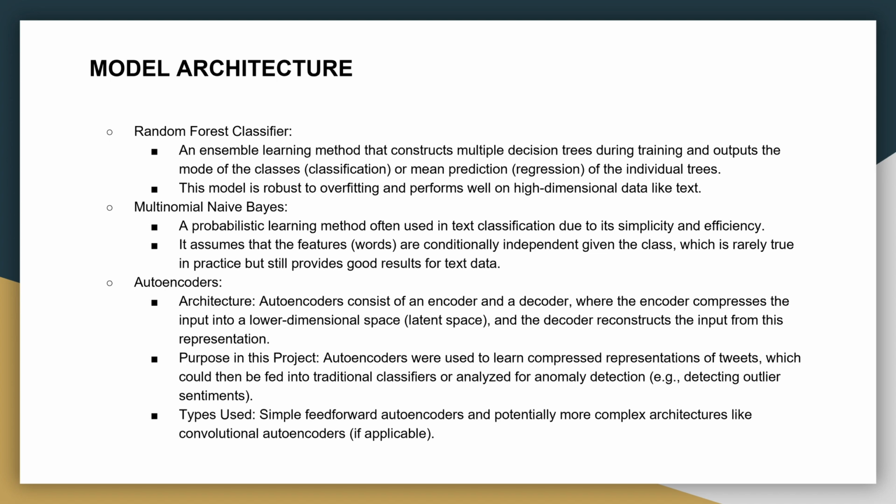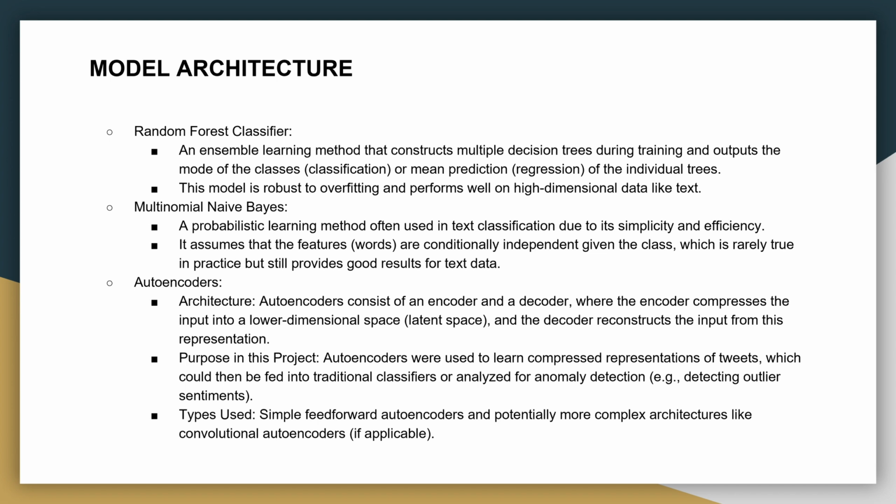This method is particularly robust to overfitting, especially when dealing with high-dimensional data like text. Random forest is a powerful model for classification tasks as it captures complex interactions between features and can handle large amounts of data efficiently.